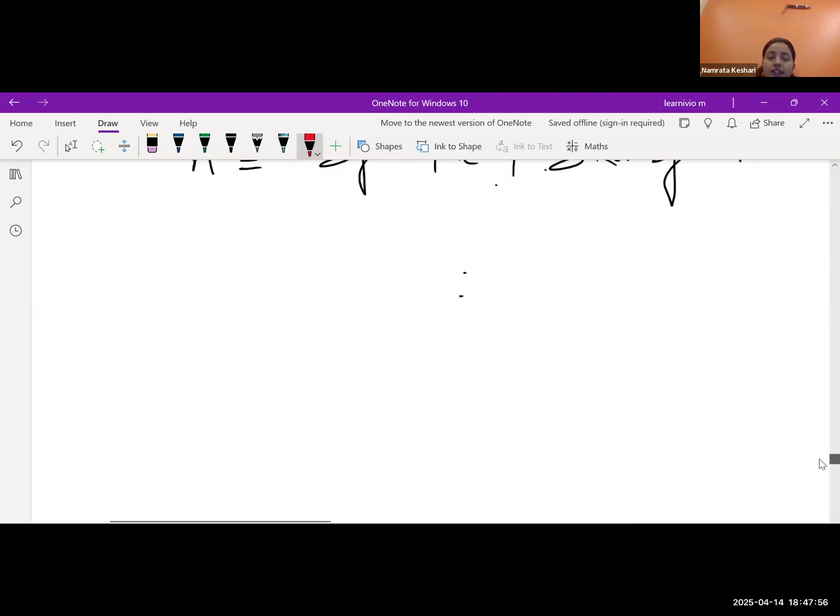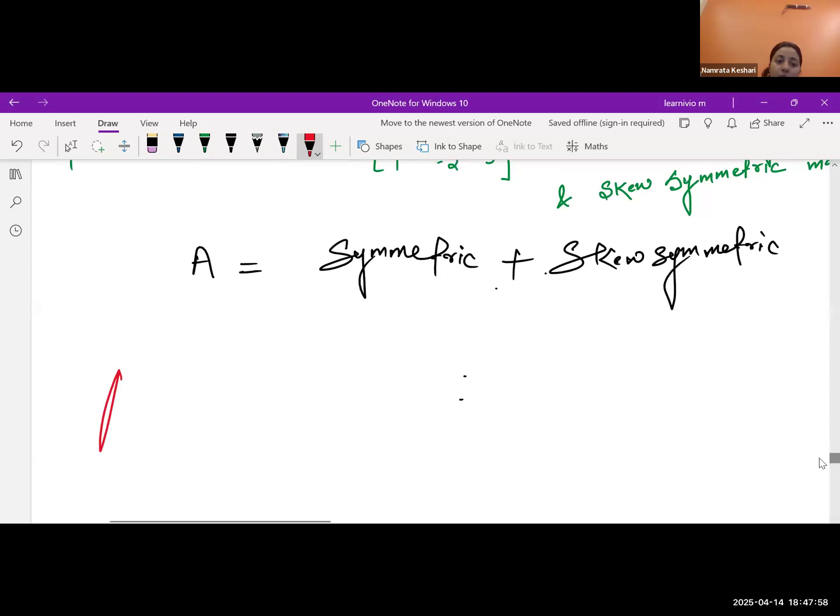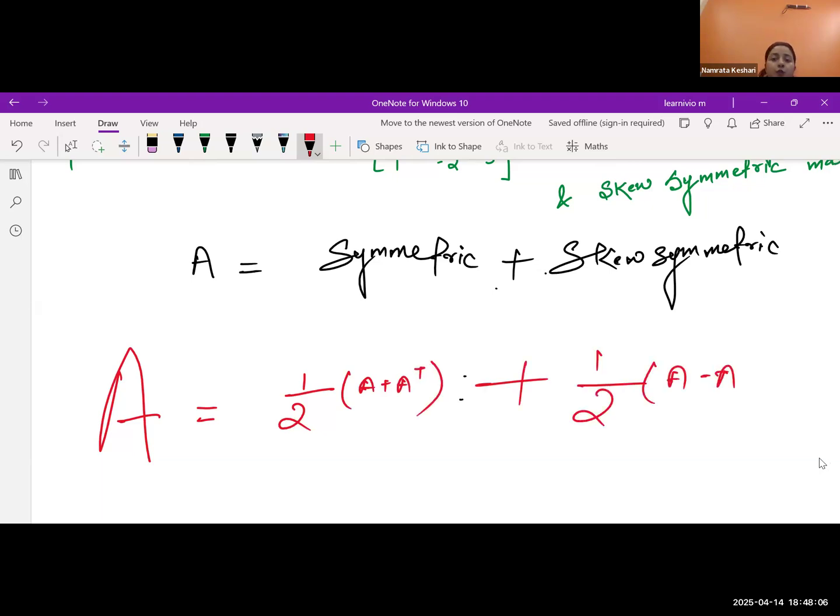If we understand this logic, then we can say A can be written as 1 by 2 (A plus A transpose) plus 1 by 2 (A minus A transpose). We don't need any other matrix. A new matrix we will be able to make with the help of A only. We don't have to think about any other thing, right?